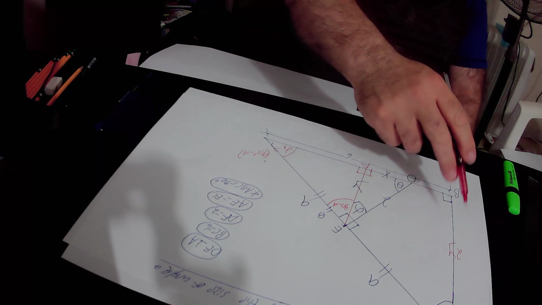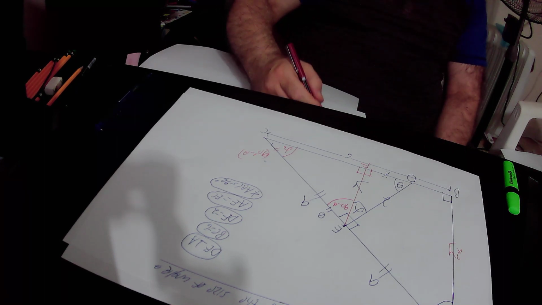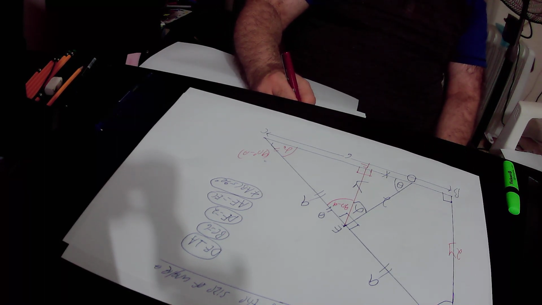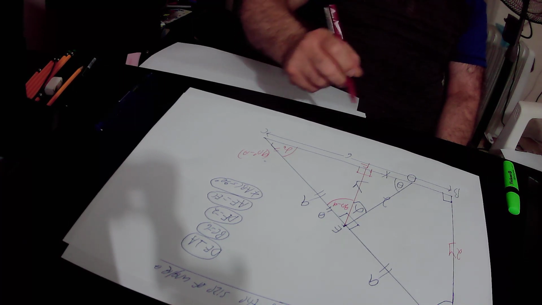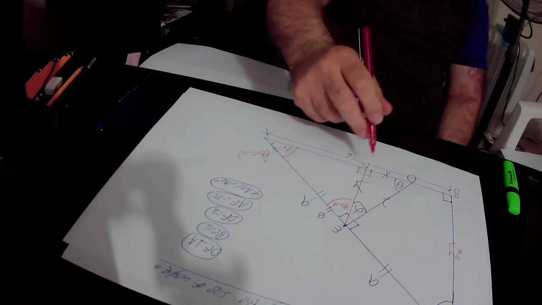that AB over BC in the right triangle ABC is equal to DF over EF.